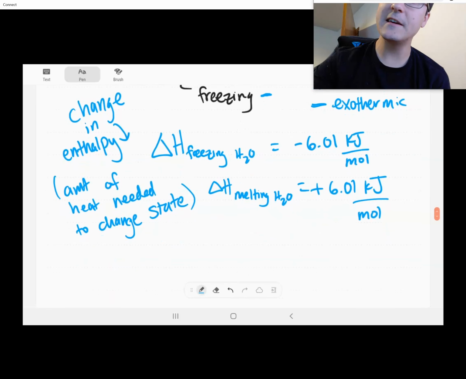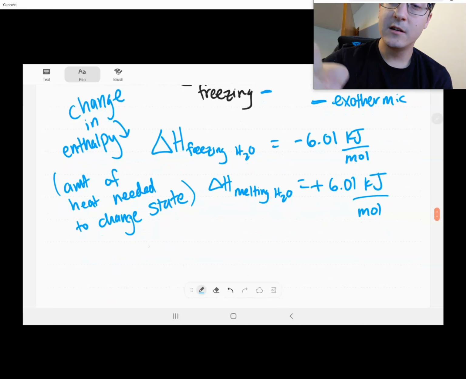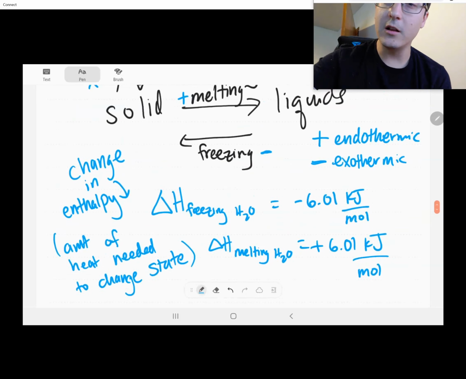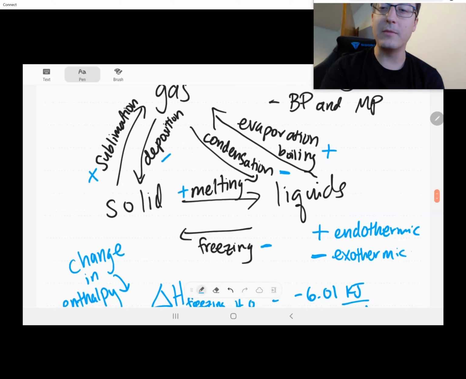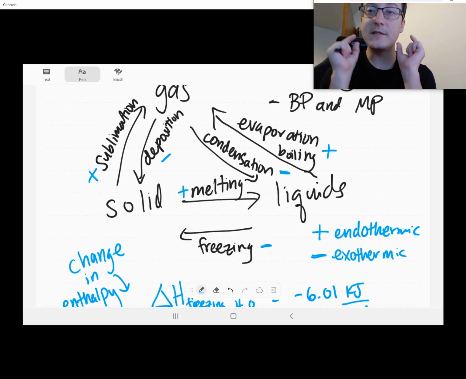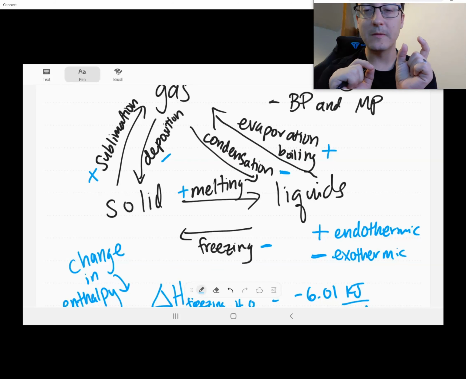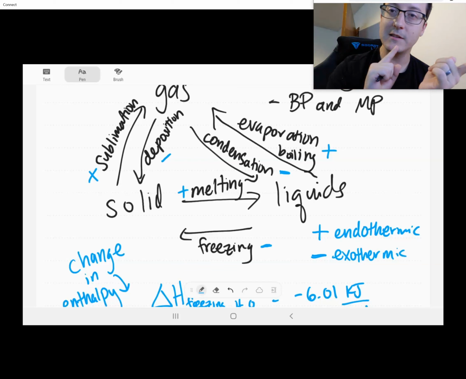Okay, so the idea here is all of these processes that we see, freezing and melting, evaporation and condensation, sublimation and deposition, those have the same energy as each other. The only difference is which way that energy is going.